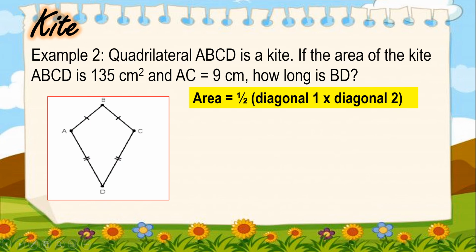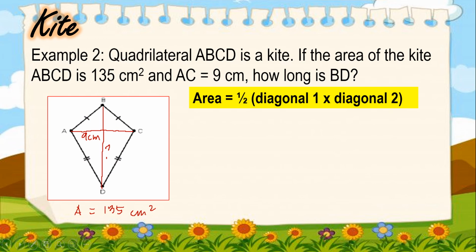The area is equal to 135 square centimeters. AC is equal to 9 centimeters. Now we are asked to find the length of diagonal BD.